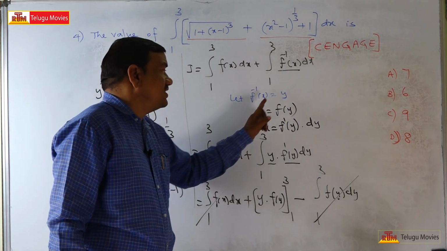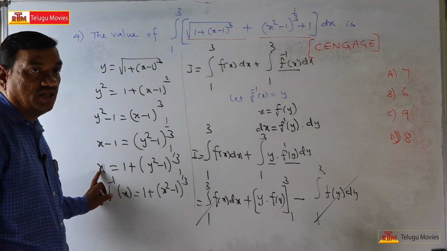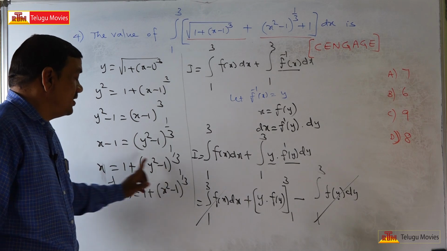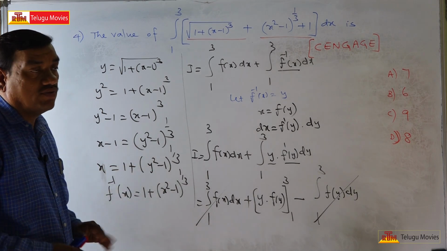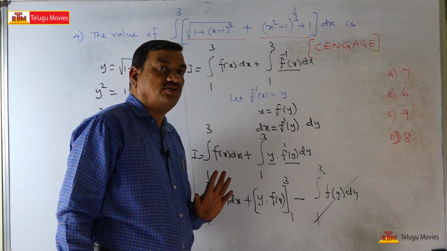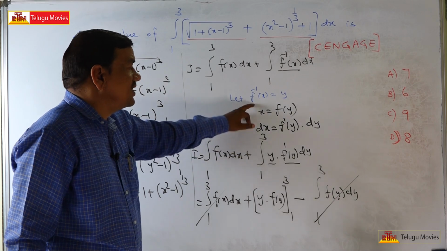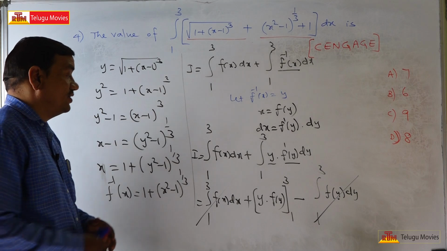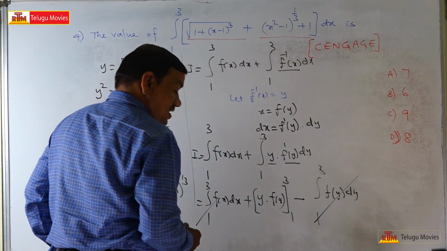When you substitute x is equal to 3, here it will come 3 minus 1 is 2, 2 cube is 8, with minus 1 it will come plus 1, 9. y square is equal to 9, therefore y is equal to 3. The upper limit is also 3. So check the upper limit and lower limit, you are getting the same by substituting in this equation. Now substitute the upper and lower limits, you will get the remaining answer.